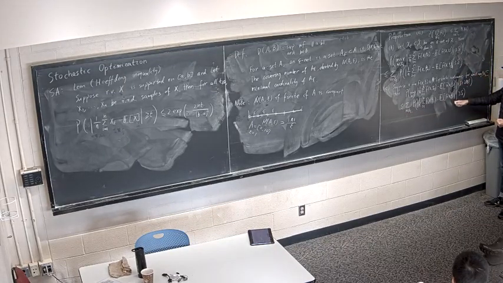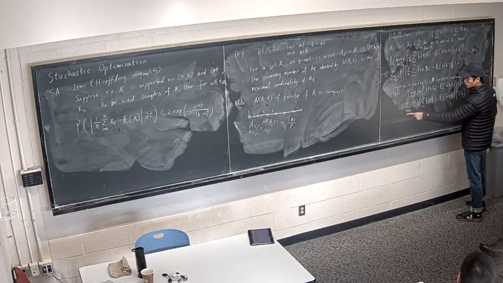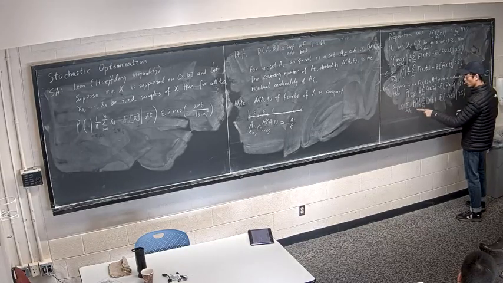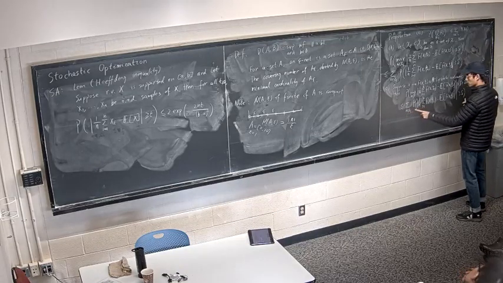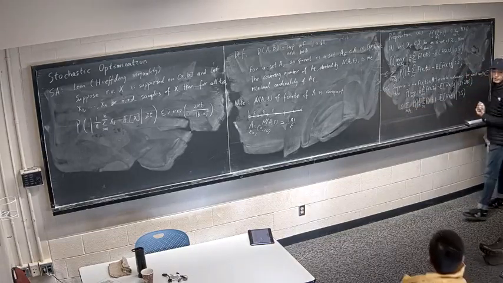To bound this one, you can apply Hoeffding's inequality, because this is a summation over all x in X epsilon. For any fixed x in the summation, you can apply Hoeffding's inequality to bound it.